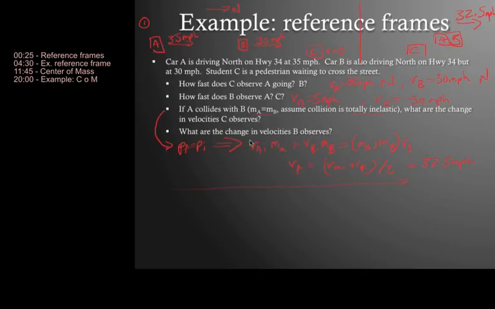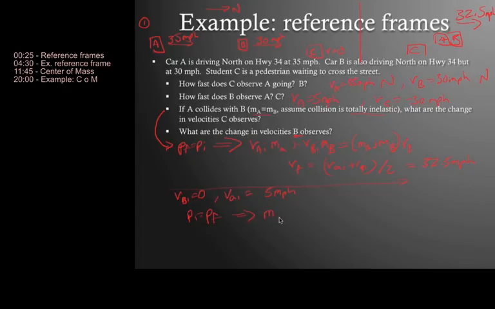However, let's now consider what happens if B is our observer. If B is the observer, now V_B initial is 0, and V_A initial is 5 miles per hour. It's still going to be a totally inelastic collision, so this is going to look pretty much the same.